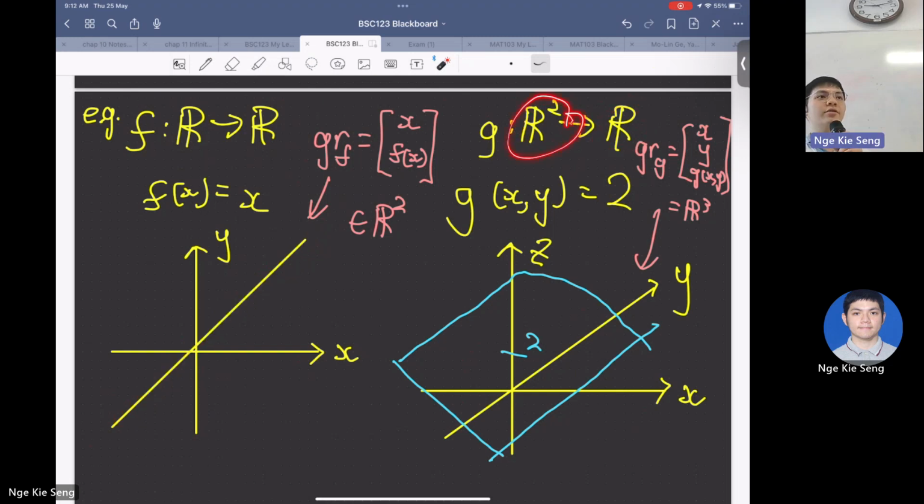R2 you can think of as an infinite plane. How does the infinite plane sit inside R3? Now it's just sitting like a sheet, a sheet of paper, flat at the height 2.